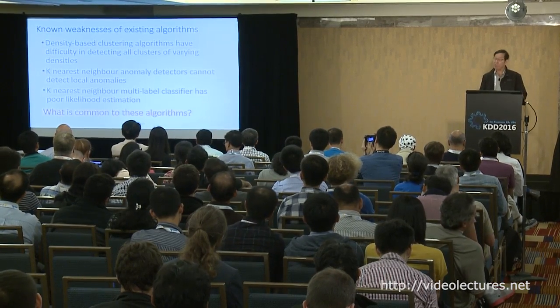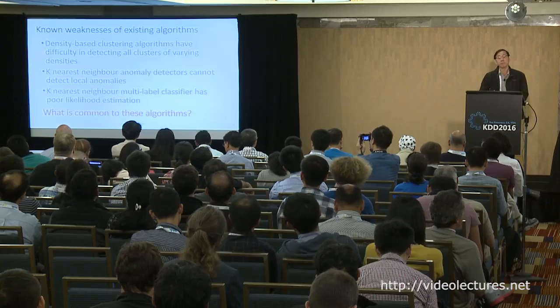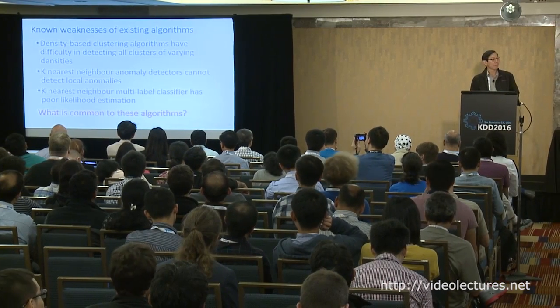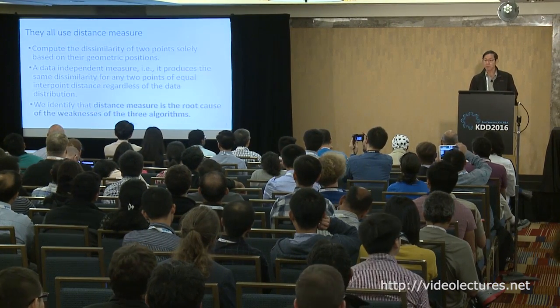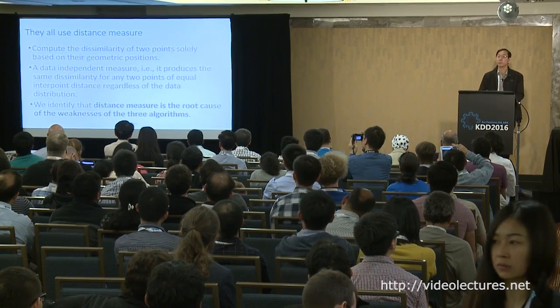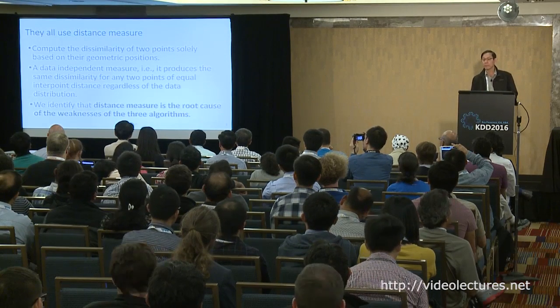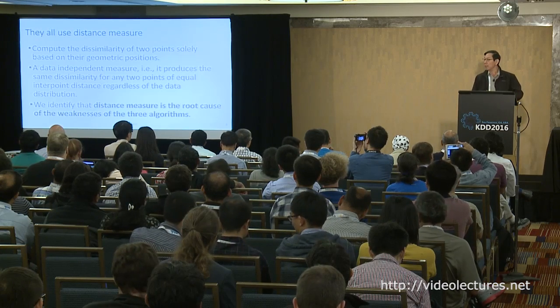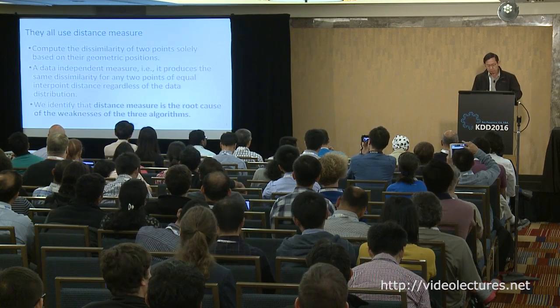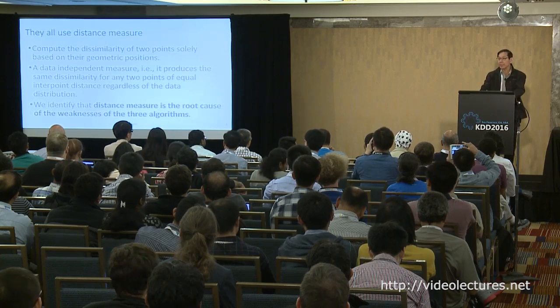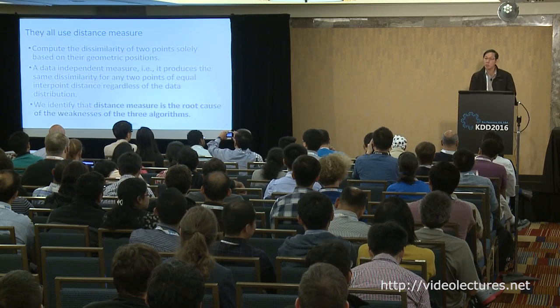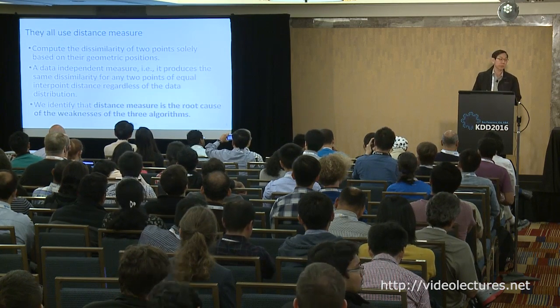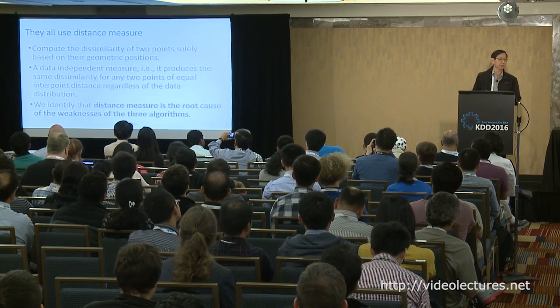So what is common to these algorithms? They all use a distance function. If you use a distance function, you compute the dissimilarity of 2 points solely based on the geometric position of the 2 points.